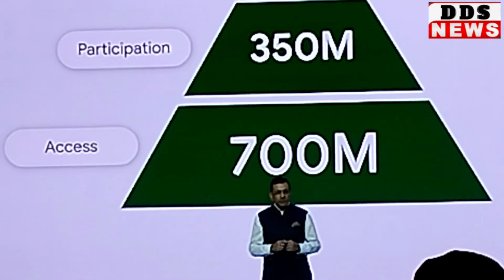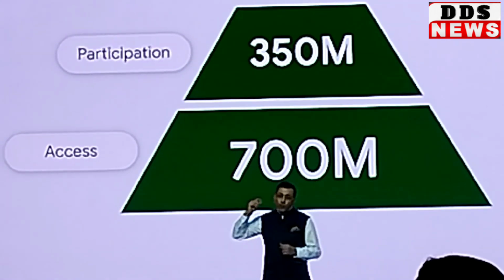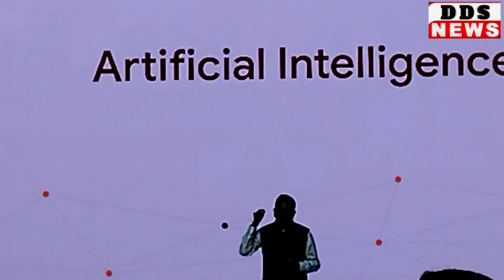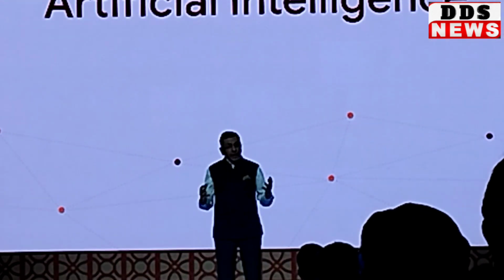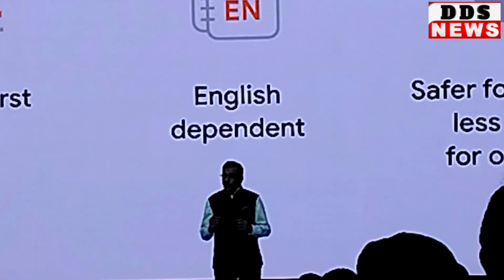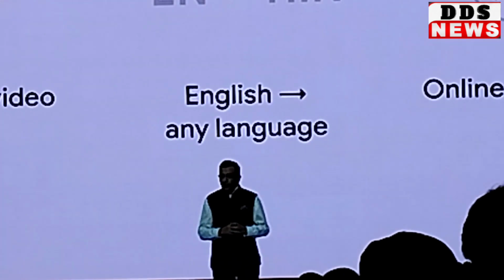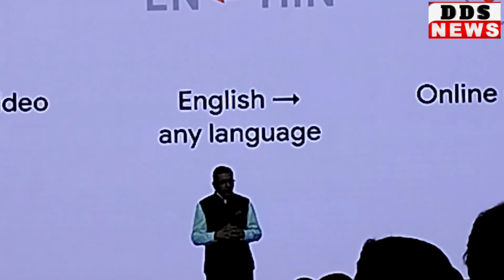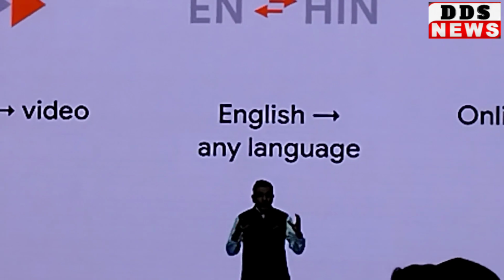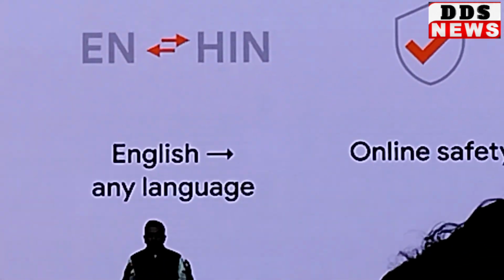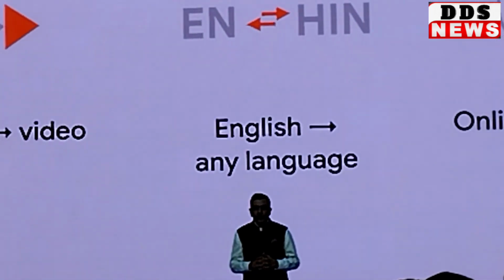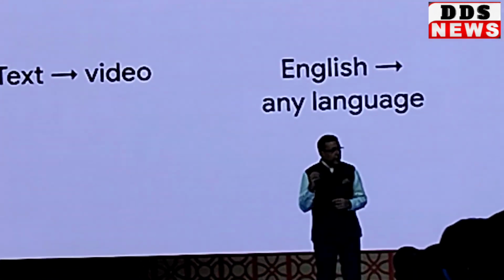The answer lies in the power of AI, artificial intelligence. With AI, text can convert to video in an instant, translation from English to virtually all languages can be done at scale. AI can bring quantum leaps in online safety through advanced threat detection.